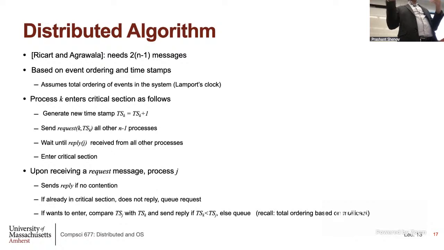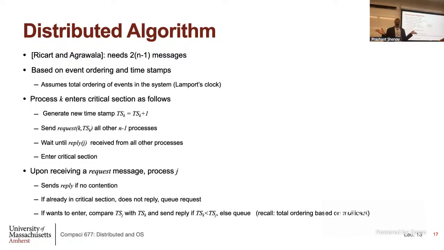To enter a critical section, you essentially increment your local Lamport's clock value, and you send a request message with your Lamport's clock to all other processes. So you're basically saying, I am request K, my Lamport's clock value is TSK, and I need the lock. So that's the request message.